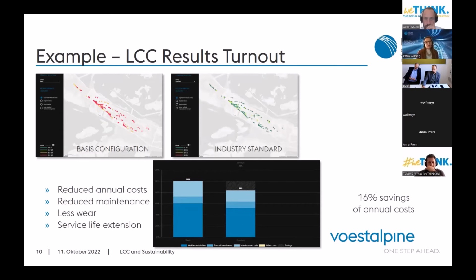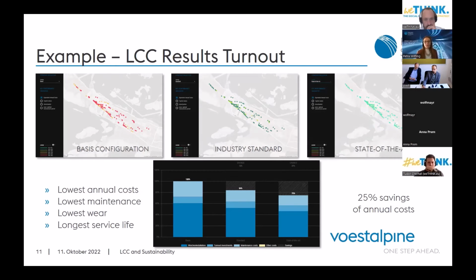With the industry standard, here you see it's better. So we have reduced annual costs. The turnouts have, due to the different rail grade and the different configuration, a longer service life and reduced maintenance needs. And here, for example, the customer could save 16% of the annual costs.